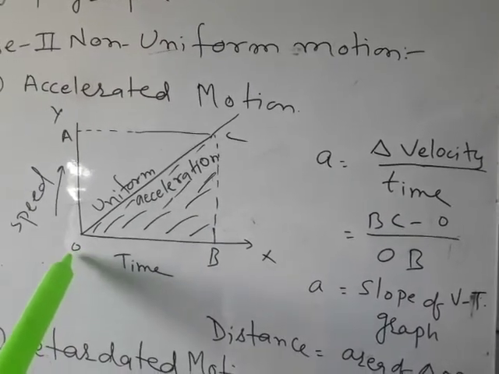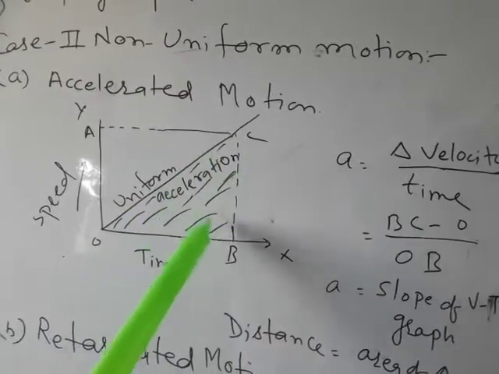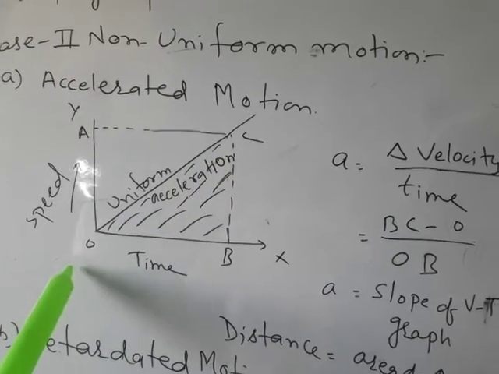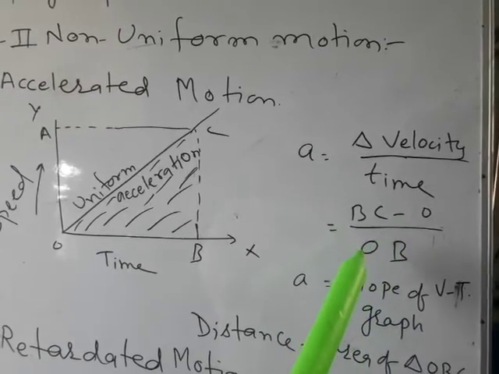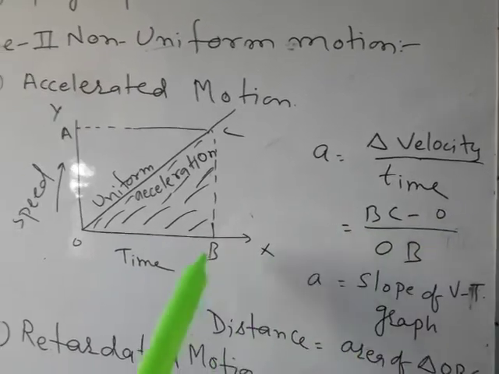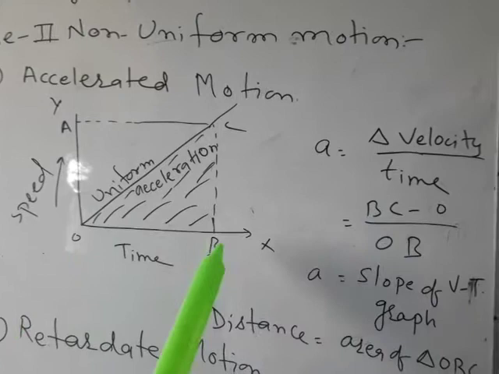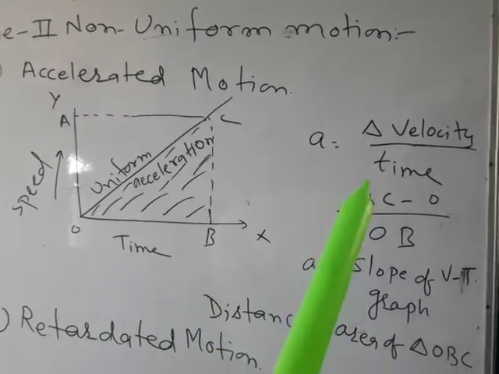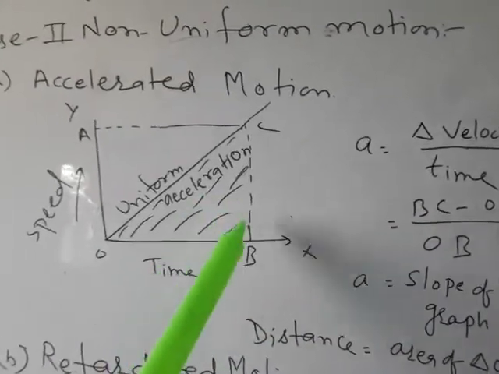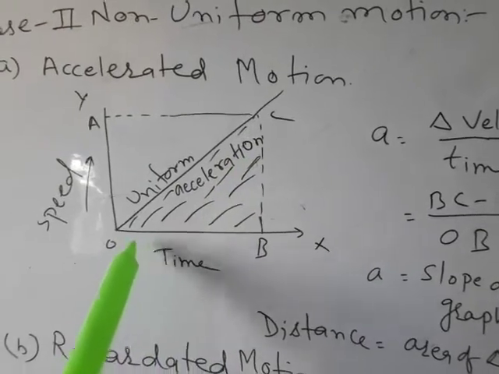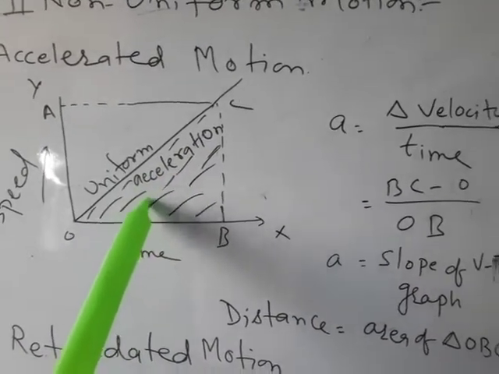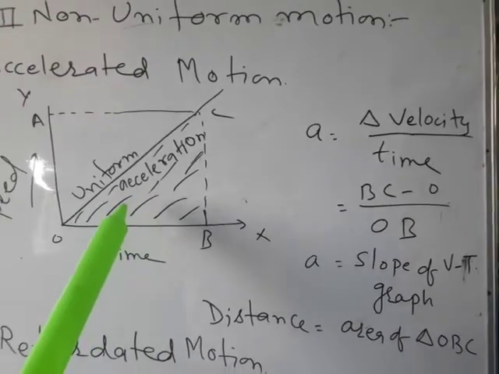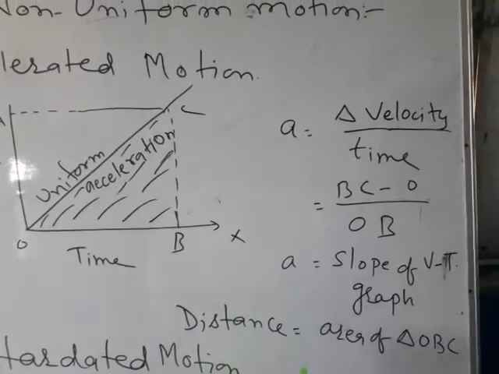Final velocity is BC and initial velocity is 0. Hence change in velocity equals BC minus 0, by time equal to OB. Hence BC by OB. This makes tan theta. It means the slope of the v-t graph, which gives the value of acceleration.